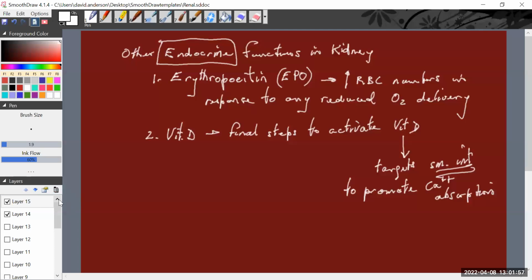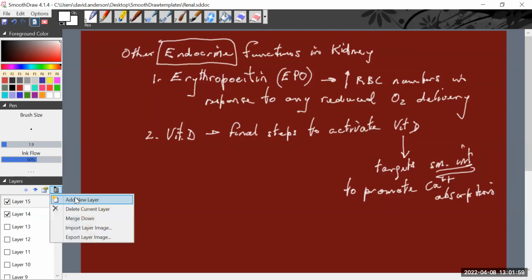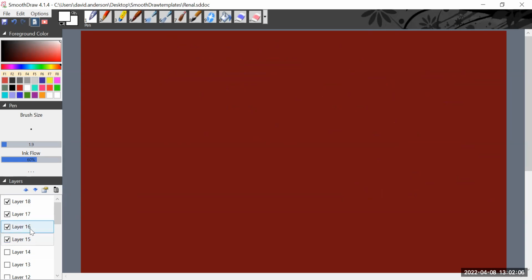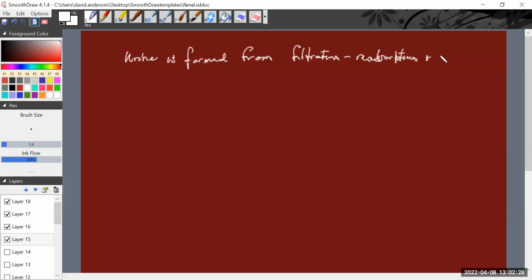We've talked a lot about glomerular filtration rates today, more than I thought we were going to. But that's okay. Hopefully you've learned a little bit about it. So remember we said urine is formed from filtration minus reabsorption plus secretion.